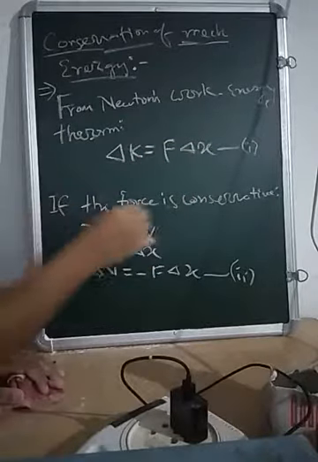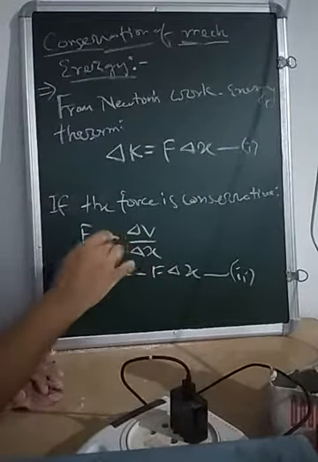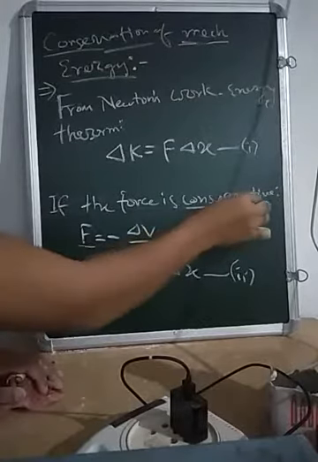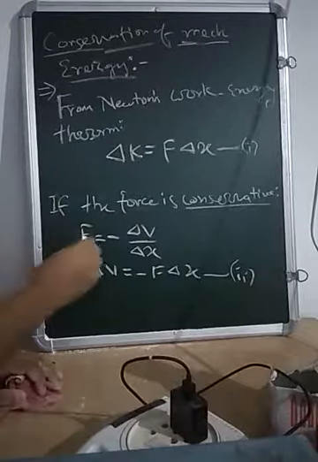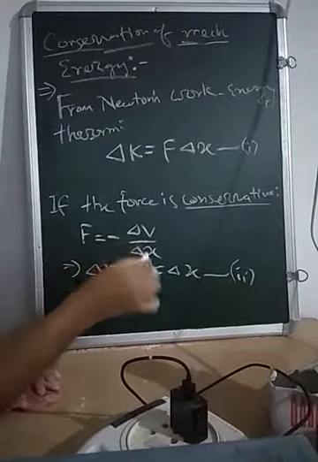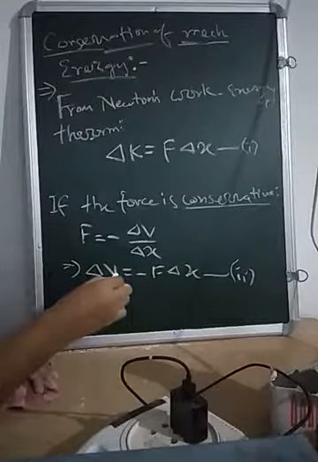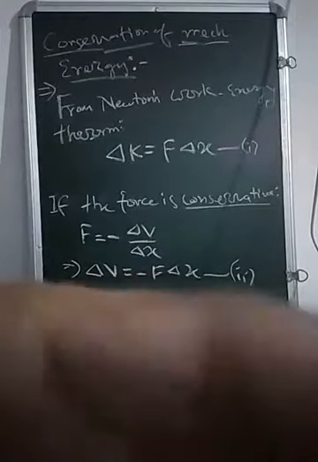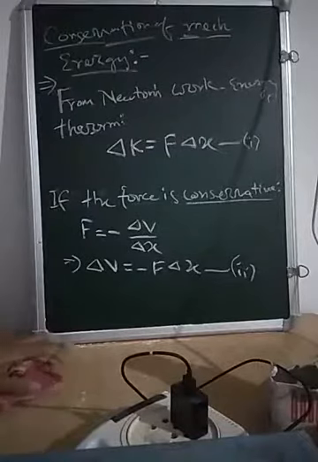And if the force is conservative, the condition is F is equal to minus del V by del x. So F is minus del V by del x, and from here we find del V is equal to minus F dx.